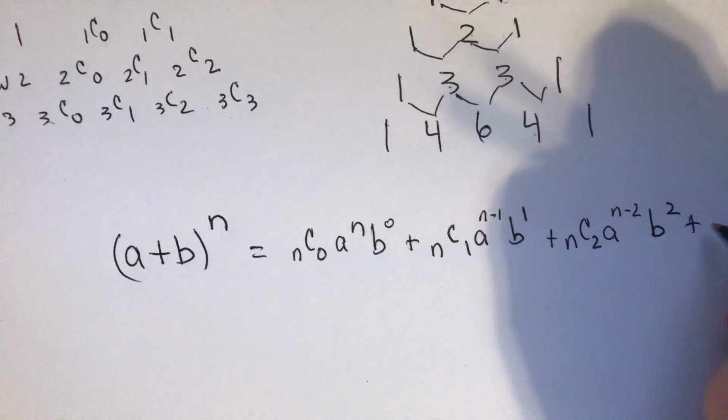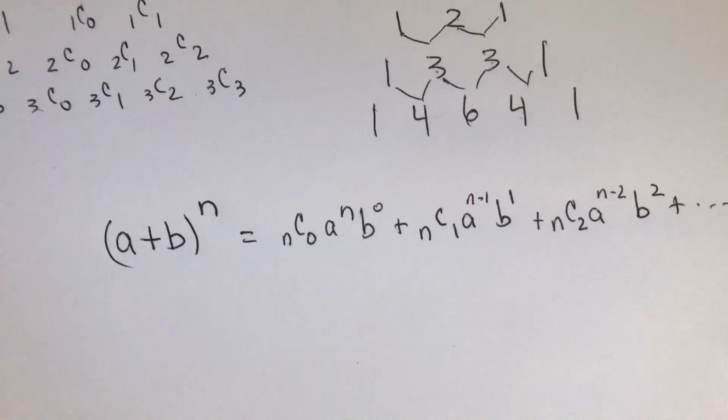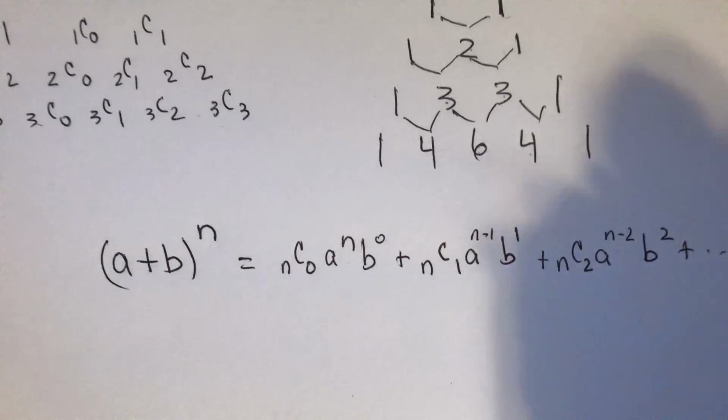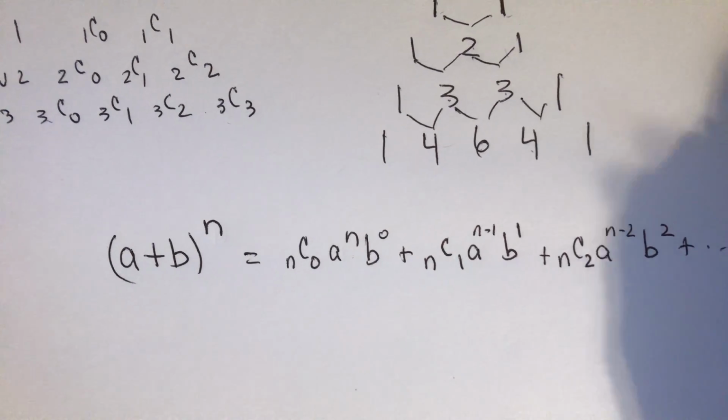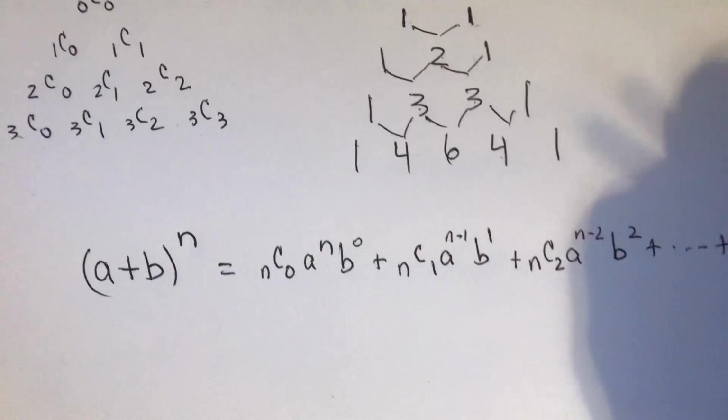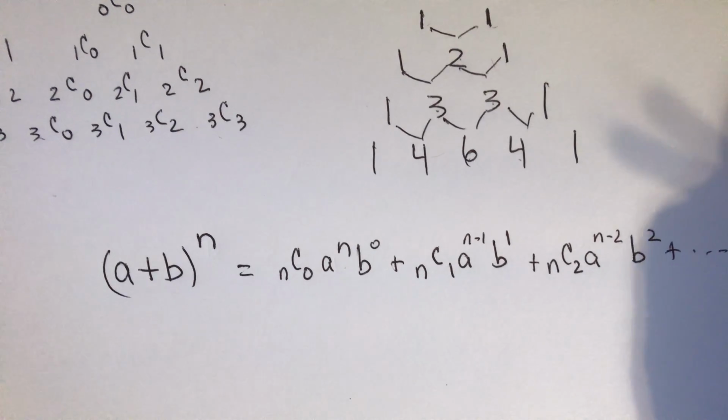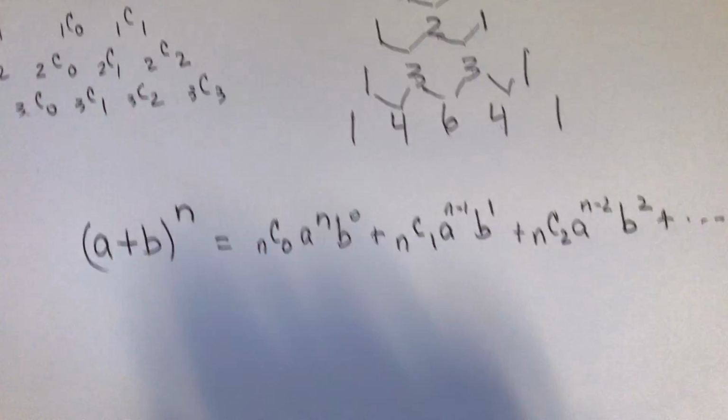And then you continue this pattern on till you get NCN a to the 0 power b to the n power.